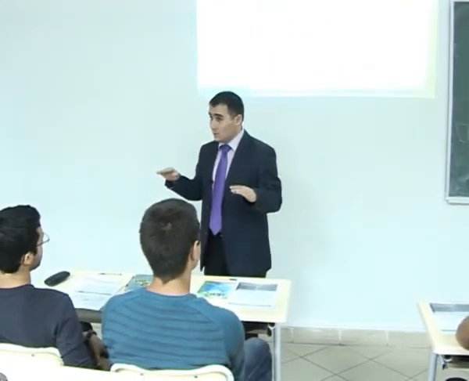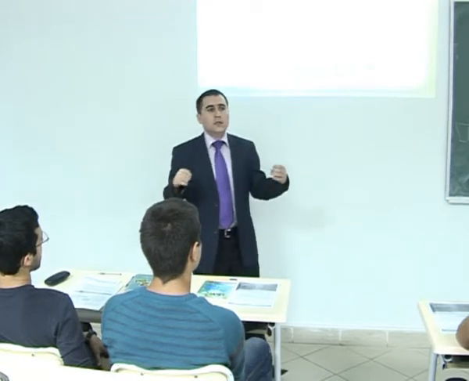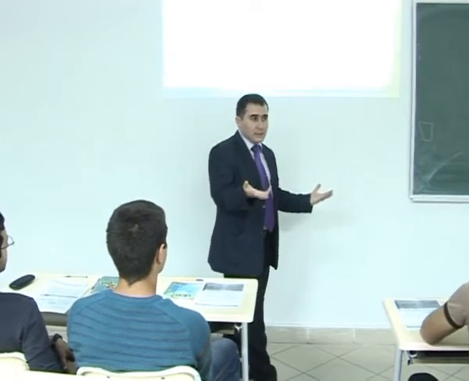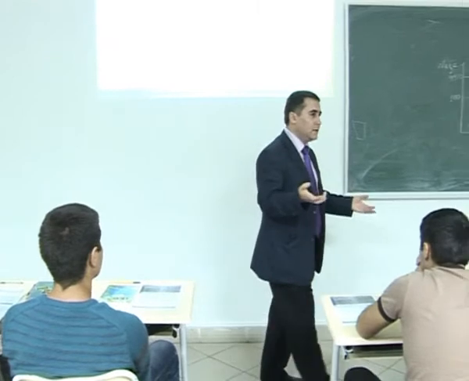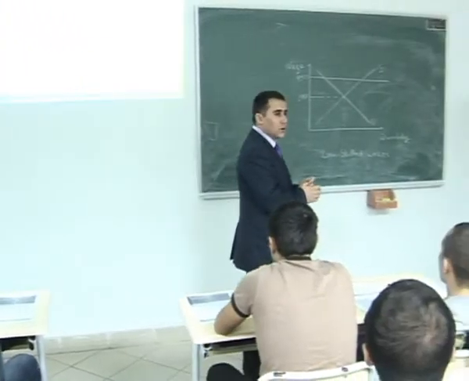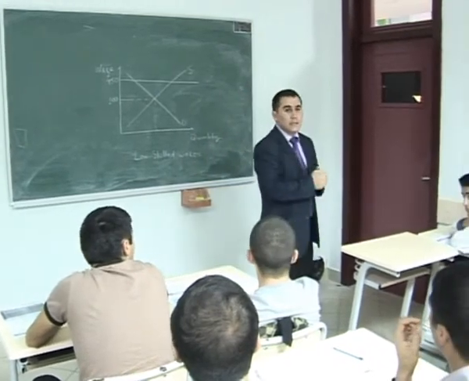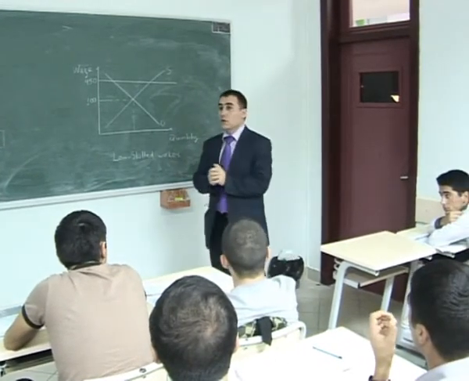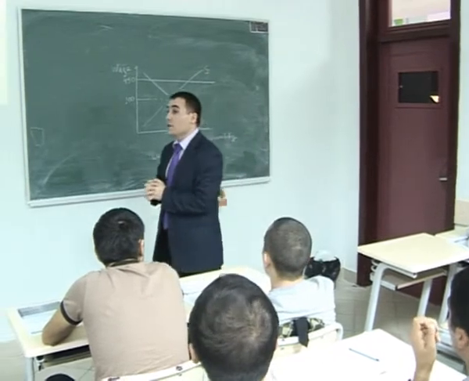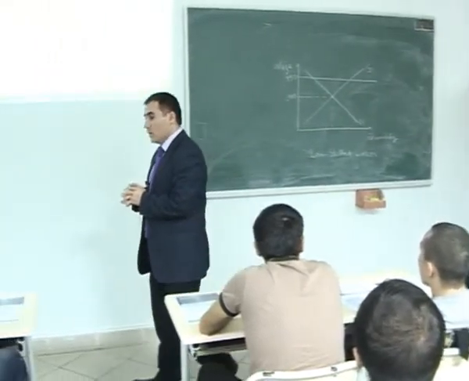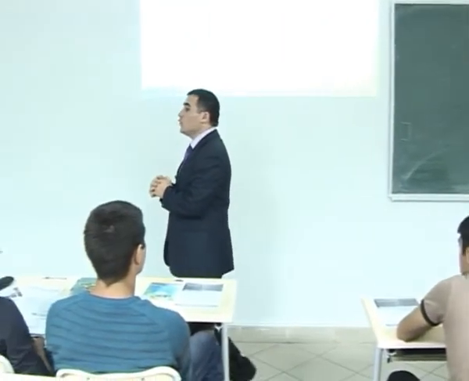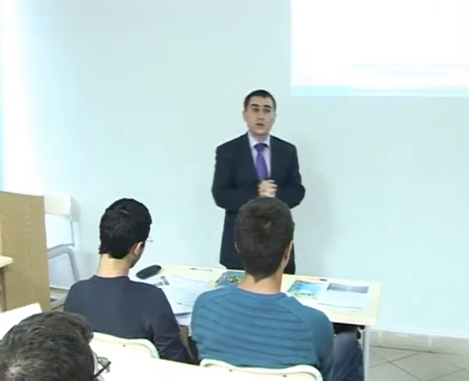But right now, they see that if they want to be employed legally, they are going to be paid the amount of 450. So it means that quantity of labor supplied will go up.